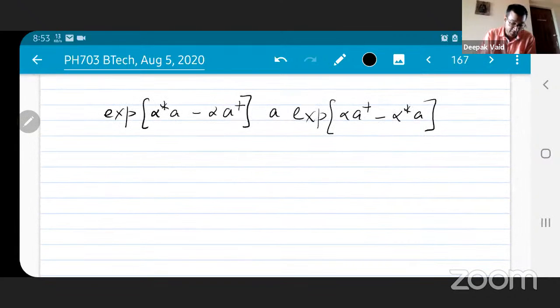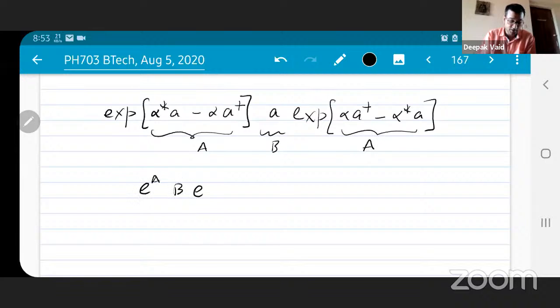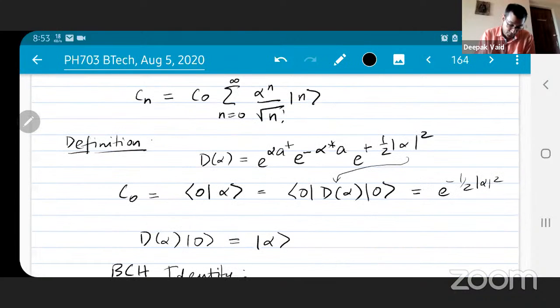Okay, so let me write this as: this is A, this is B, and this is A. So exponent A times B, which one comes first? Exponent A comes first.